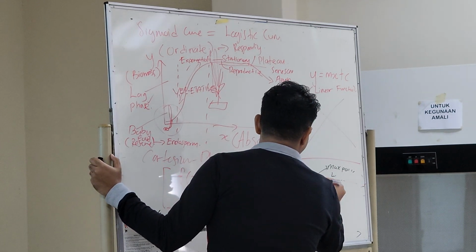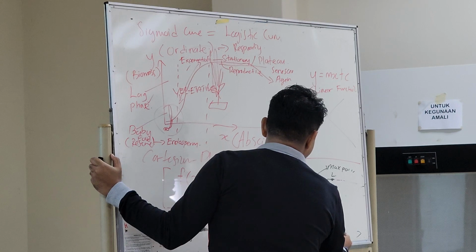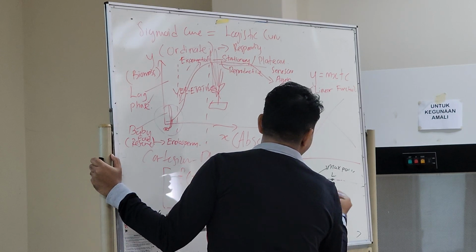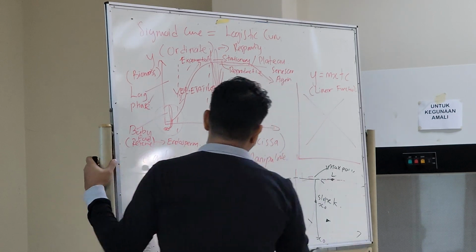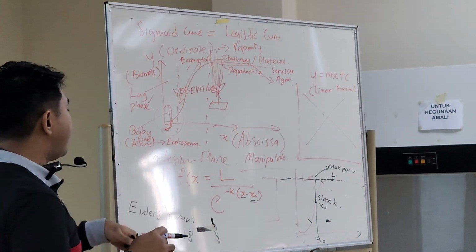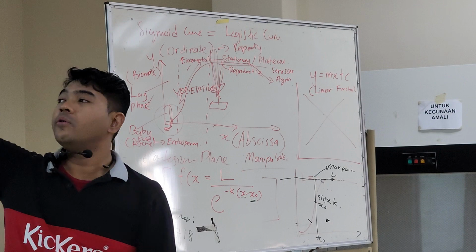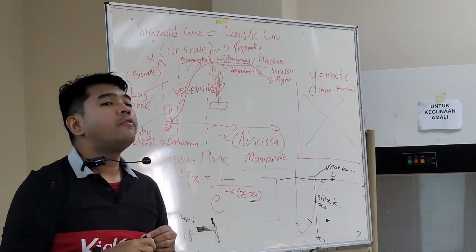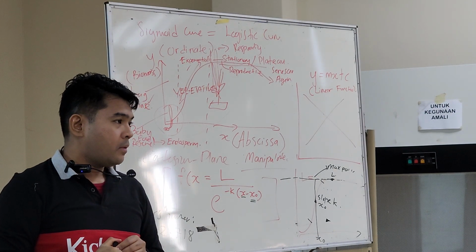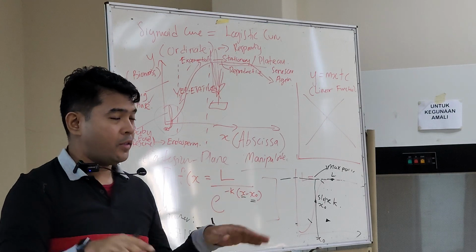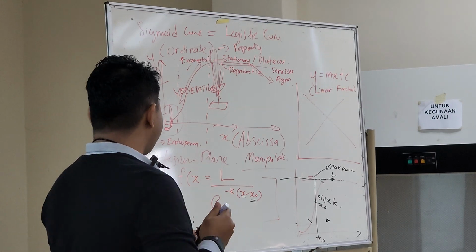So the midpoint is x naught, the maximum point is L. When you plug in all this into the equation, it will always give you this kind of curve. Okay, so far so good? Right.